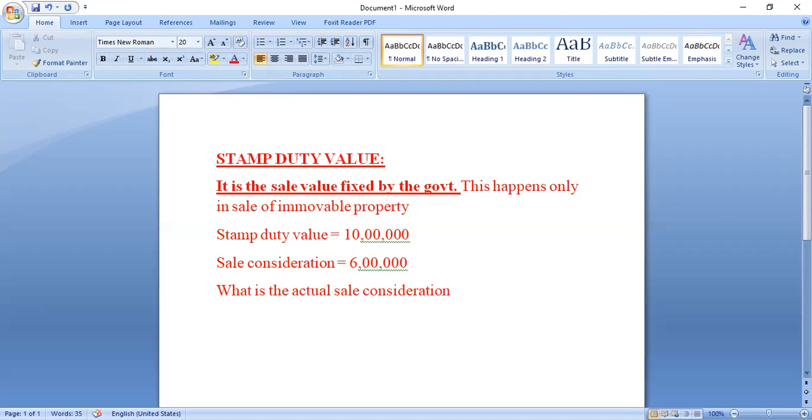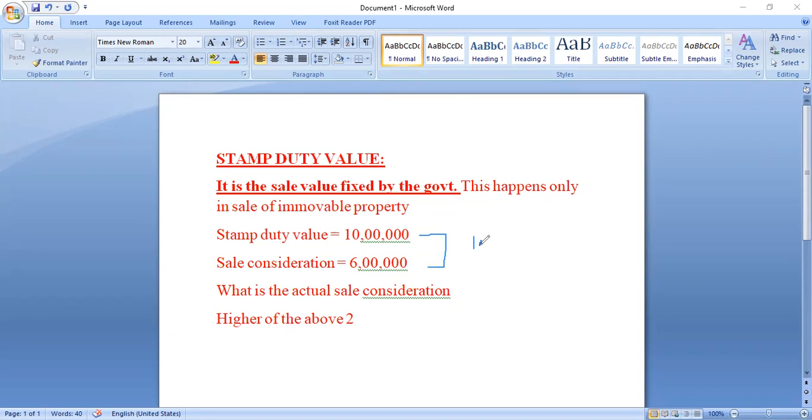The actual sale consideration will be the higher of the above two. That means you have to compare stamp duty value with the sale consideration. Which is higher? 10 lakhs.